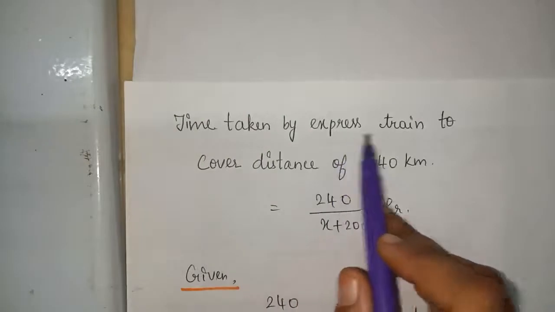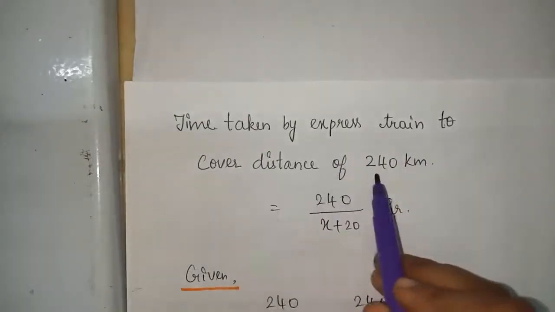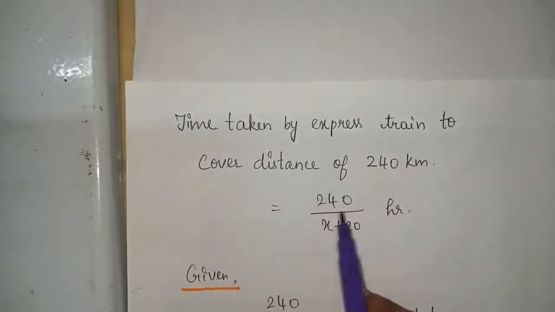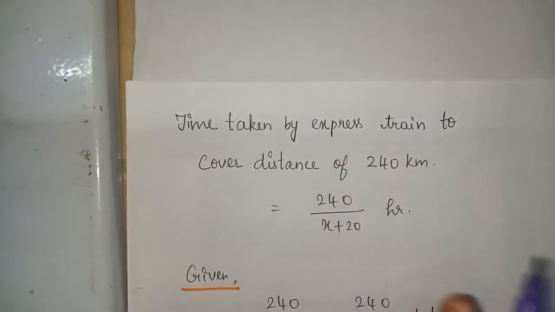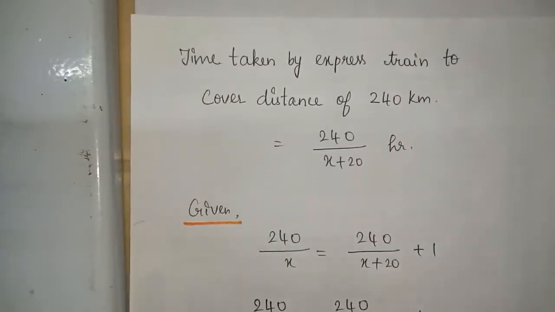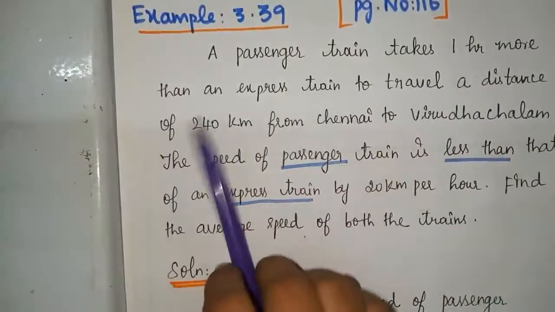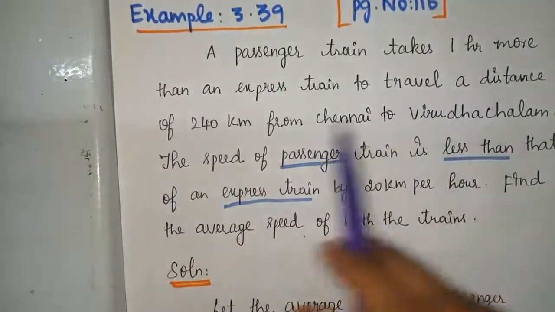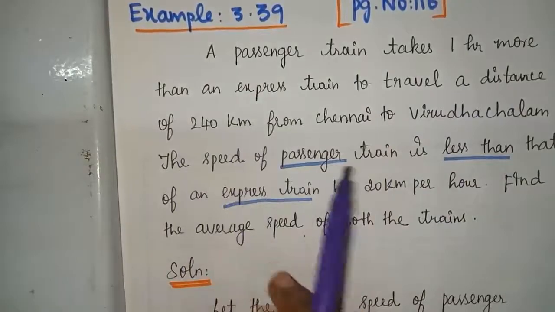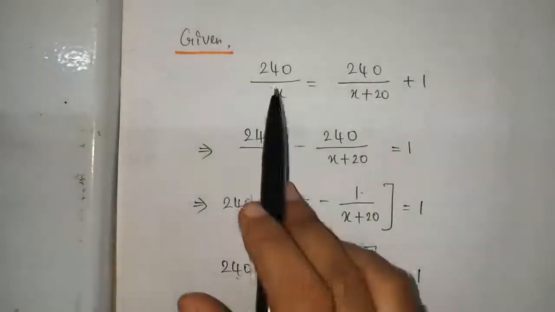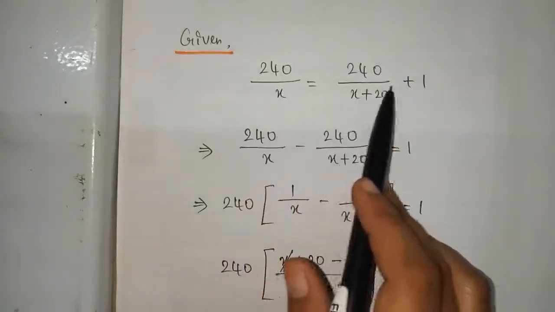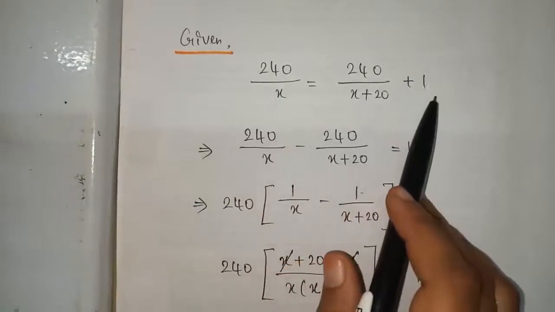Time taken by the express train to cover the distance of 240 km is equal to 240 divided by x plus 20 hour. So given a passenger train takes 1 hour more than an express train to travel a distance of 240 kilometers. Given 240 by x is equal to 240 divided by x plus 20 plus 1.